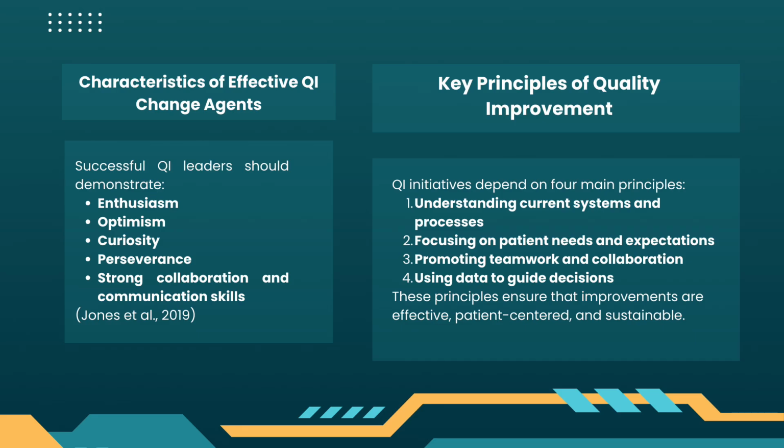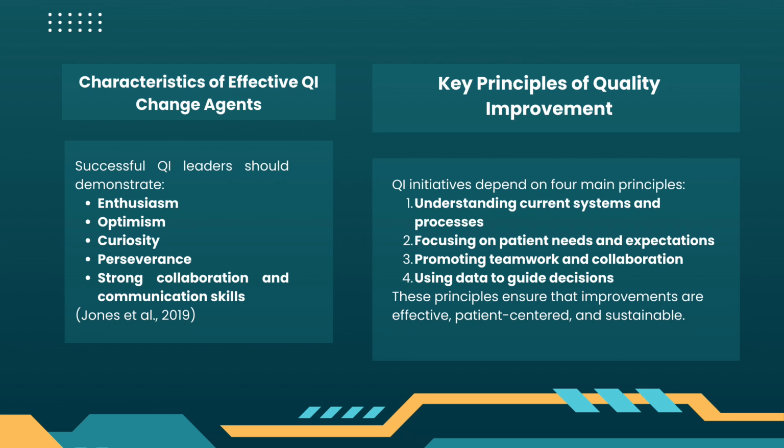And then, next po is to make sure to test the changes to determine po yung effectiveness nung magiging change. And then next po is to ensure sustainability and spread of successful improvements.